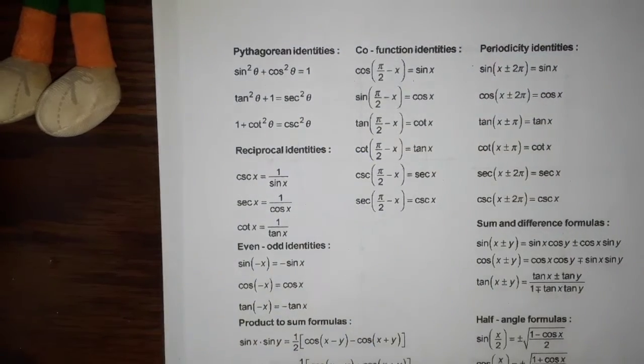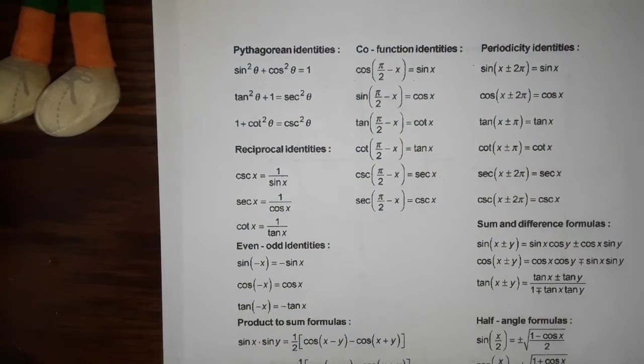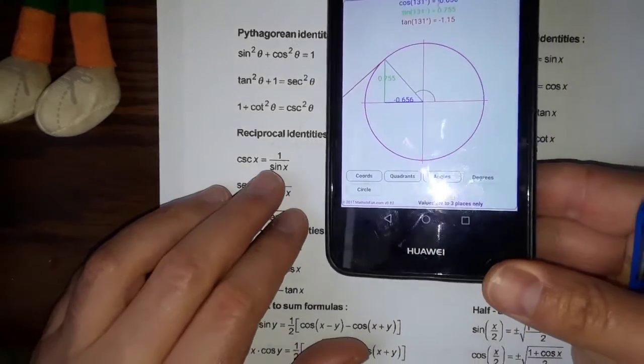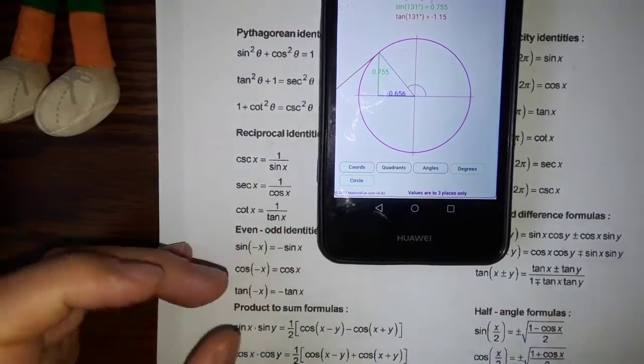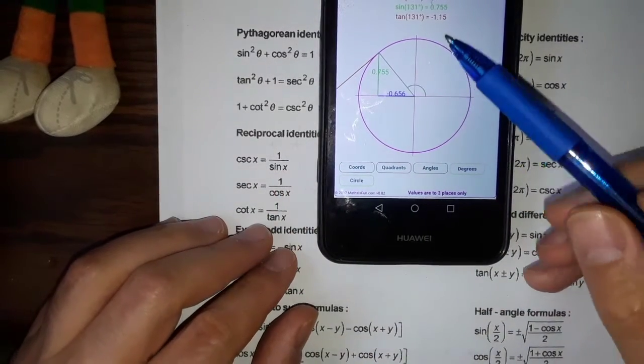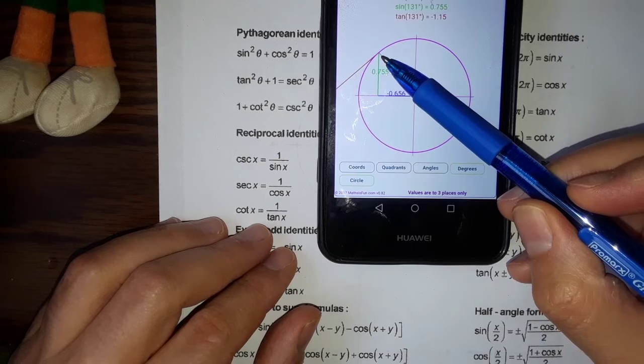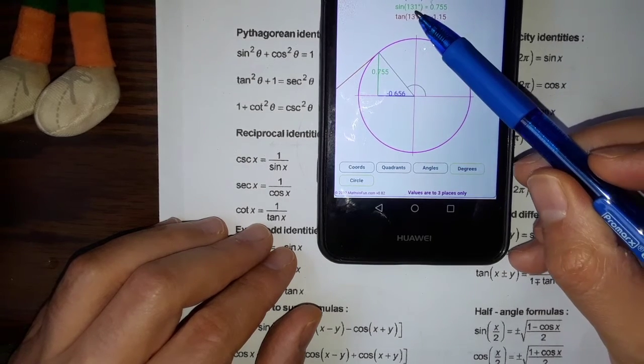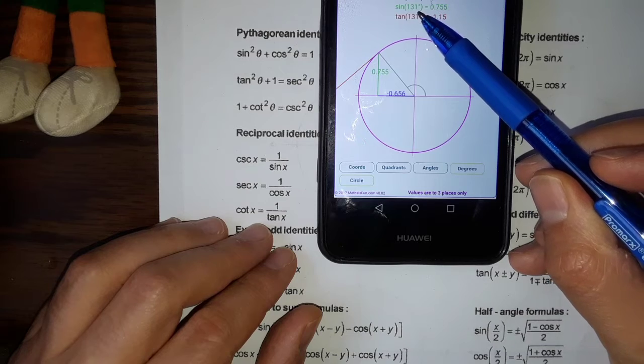Actually, if you think about it, I'm going to show you the unit circle again, okay? And you remember, this is the sine of an angle. This would be the sine of 131, right?